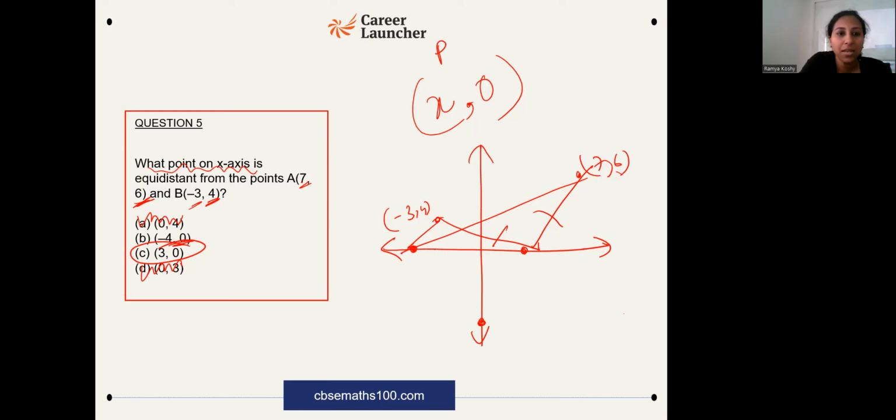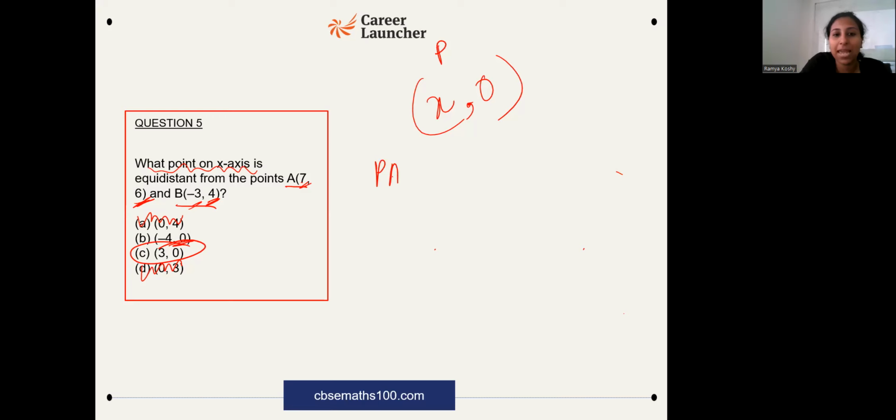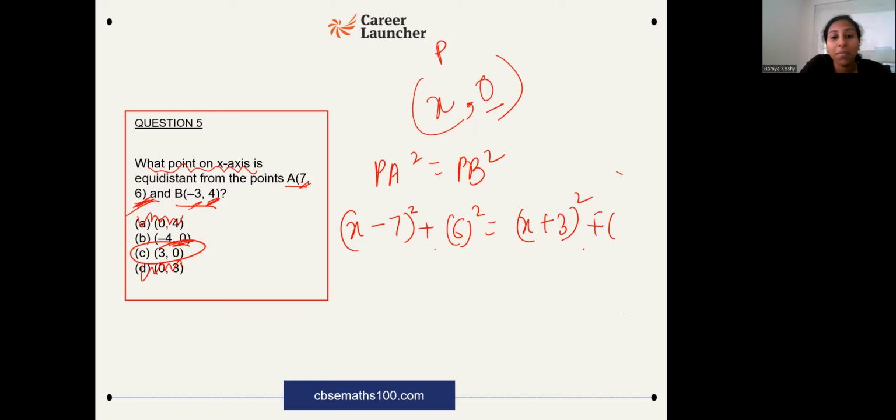So this is P, and these are the points A and B. You should take PA square equal to PB square, which means x minus 7 the whole square plus 0 minus 6 the whole square is equal to x minus minus 3, that is x plus 3 the whole square, plus 0 minus 4 the whole square.